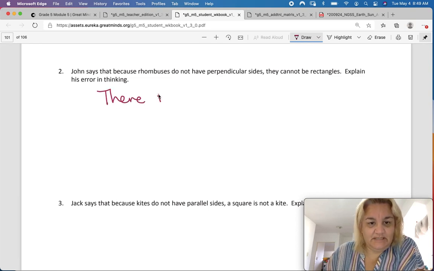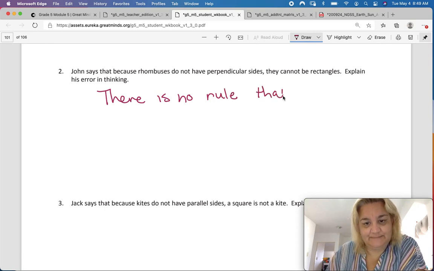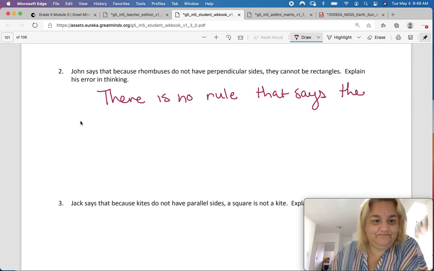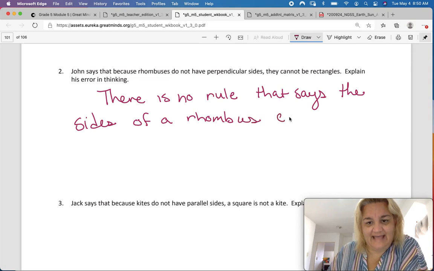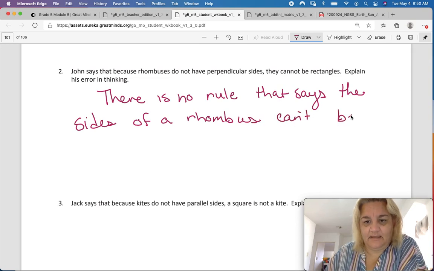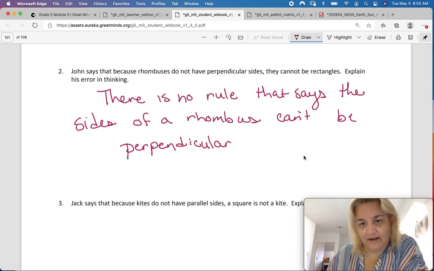There is no rule that says the sides of a rhombus can't be perpendicular. Sure, they can be. Now you're going to get a square every time. It's going to look like a square, but it's still a rhombus. Okay.